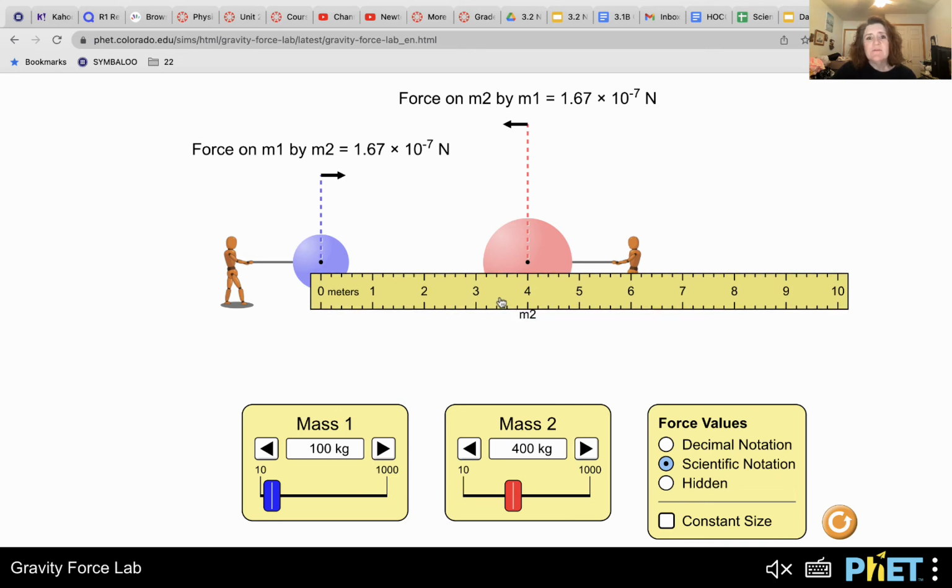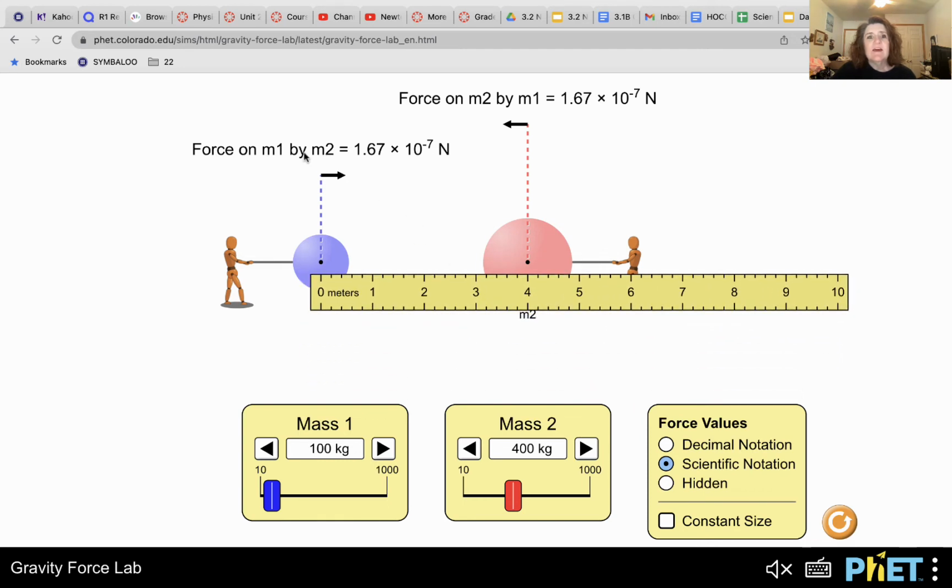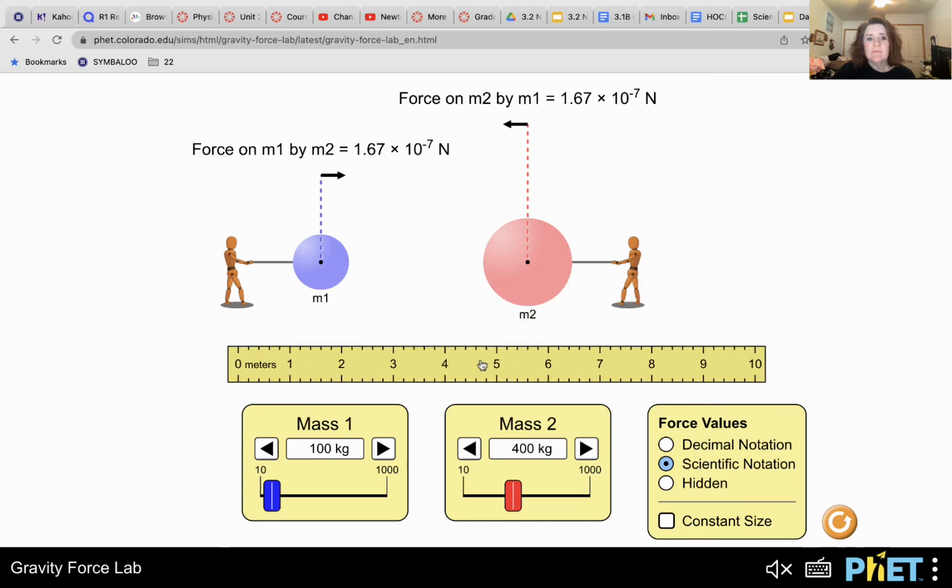If they're standing 4 meters apart, then you can calculate that the force of gravity between them is 1.67 times 10 to the negative 7th newtons.